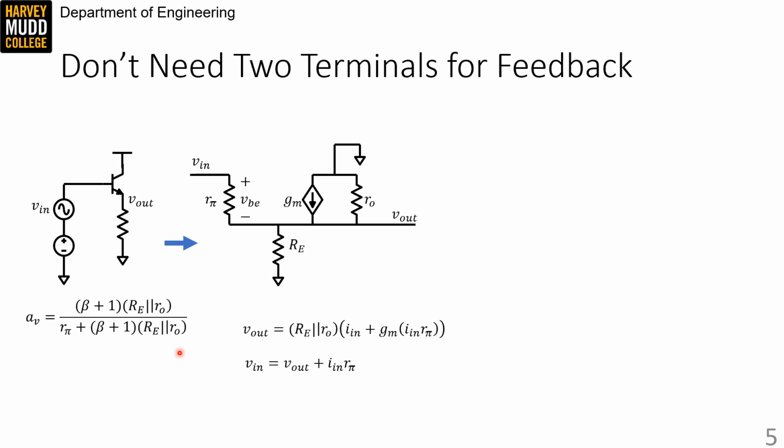As a reminder, that analysis started with finding the total current that flowed into the emitter resistances, RE parallel RO, and by observing that total current was made up of our test current plus the GM generator current. Then finally, we took V out and we added I n times R pi, which is equal to this VBE, to it, in order to generate V in, and did a bunch of substitution and algebra to find out this AV expression.